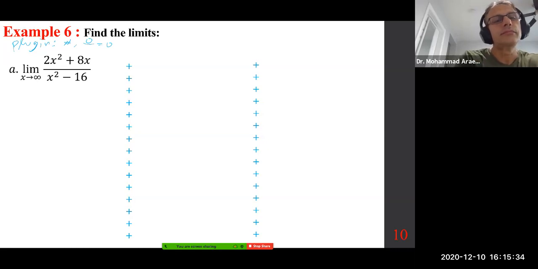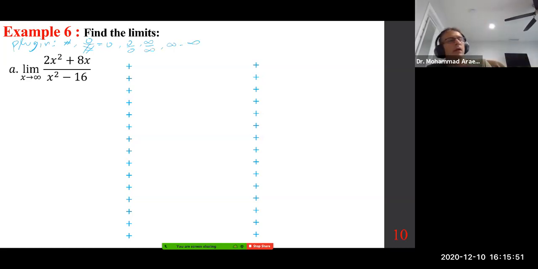But if you have 0 over 0, infinity over infinity, or infinity minus infinity, now you have to work at it. It's an indeterminate form.